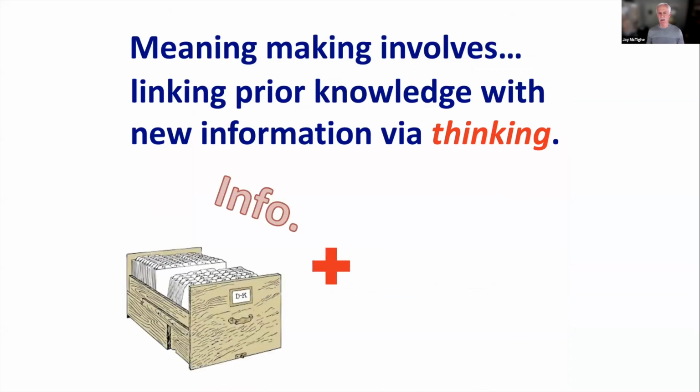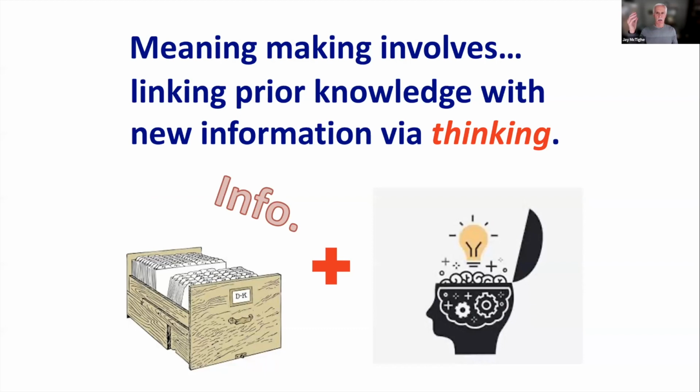Deep learning involves students bringing to bear, to the forefront, if you will, their prior knowledge and experience to new information or new situations, and it involves thinking. Just like the cartoon, you're taking information about chess and royal protocol, you're connecting it to the picture and the caption, and you're making new connections.